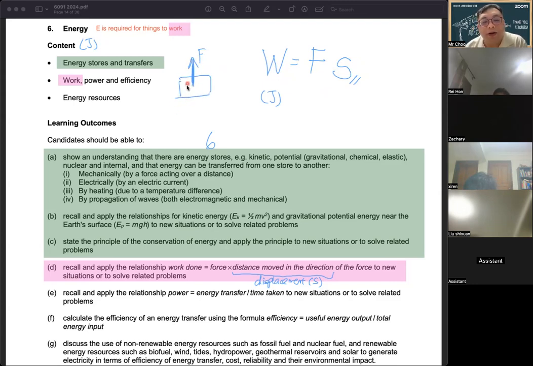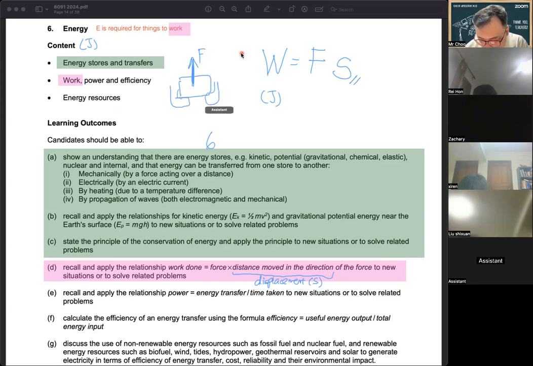But the phone did not do any work, because the distance moved in the direction of the force is 0. So there is a force, but there is no work done. Because the distance moved in the direction of the force is 0, F times 0 will be equal to 0. No work is done. Clear so far?